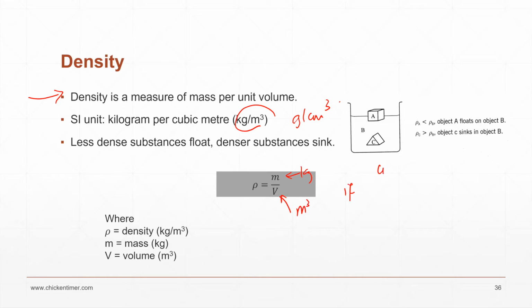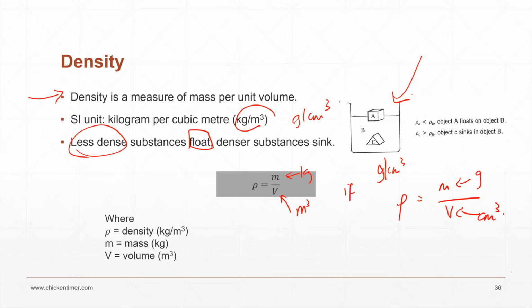If it's in this, then when you do your working, this will be in grams and this will be in cubic centimeters. Then another observation is that less dense objects will float. Then the more dense ones will sink. So A is less dense than B, C is more dense than B.